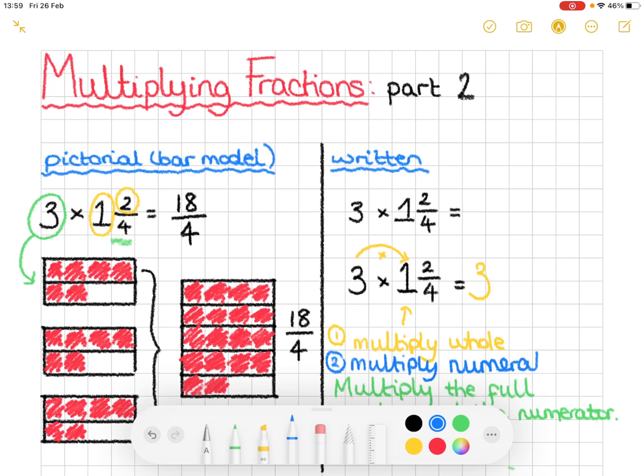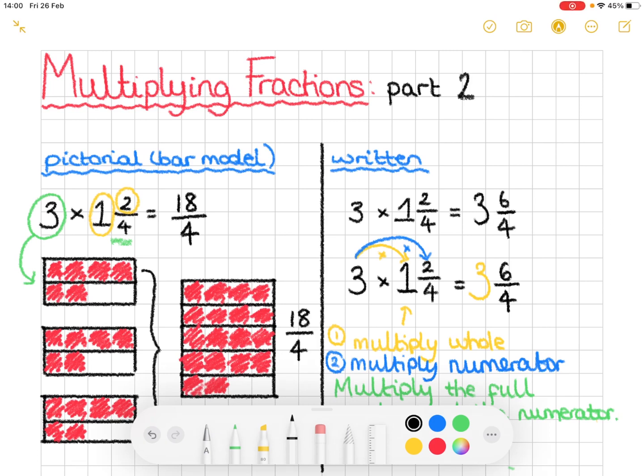And we know our numerator is 2. There we go. And that is 3 times 2 makes 6. Keep our denominator the same. So we know that this answer is 3 times 1 2/4 makes 3 6/4.